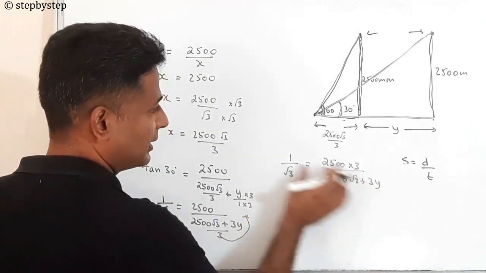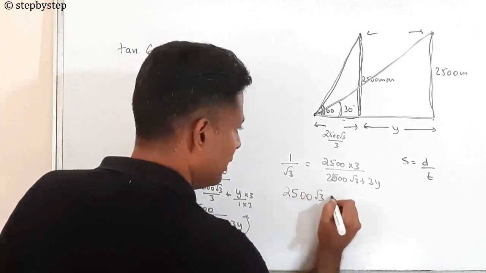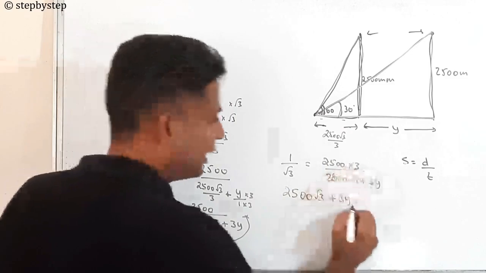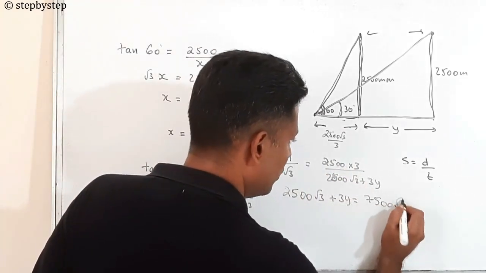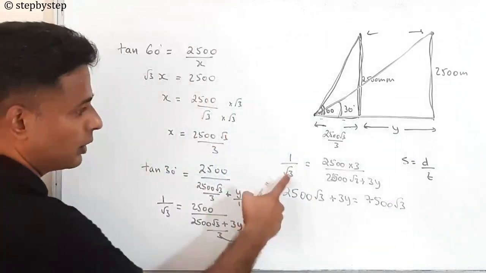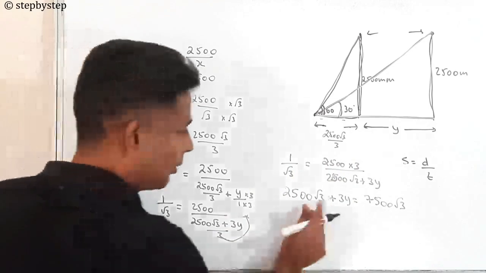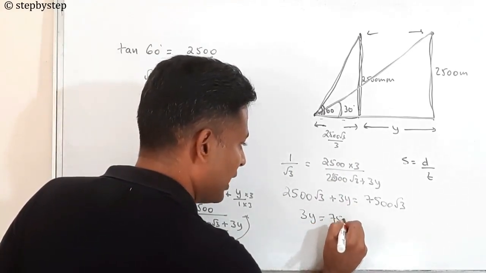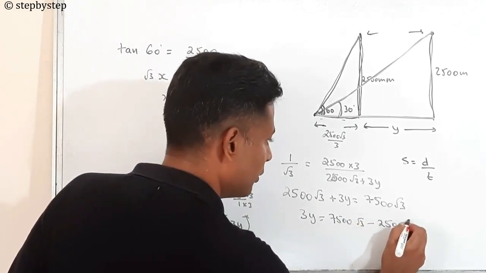Now transposing, 2500 root 3 plus 3y equal to 2500 into 3, that is 7500 in root 3. Root 3 into this will be 7500 root 3. Now transposing this there, we get 3y equal to 7500 root 3 minus 2500 root 3.